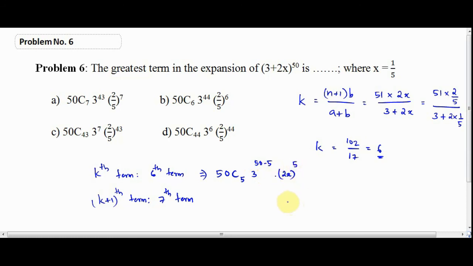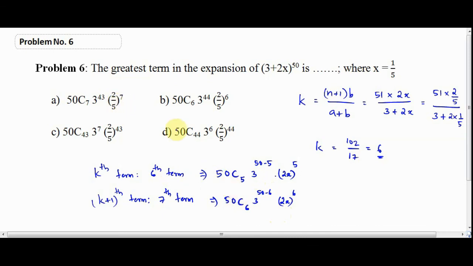That will be the 6th term, and the 7th term will be 50C6 into 3 raised to (50 minus 6) into (2x) raised to 6. So this is the 6th term and this is the 7th term.